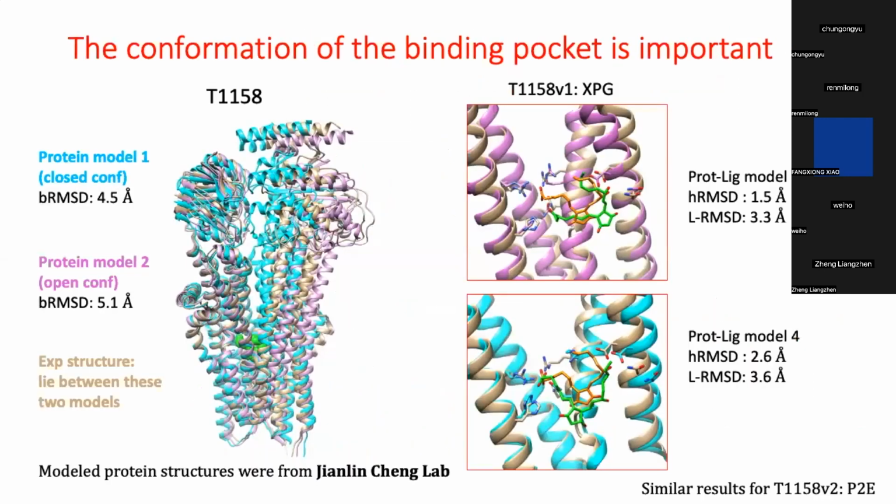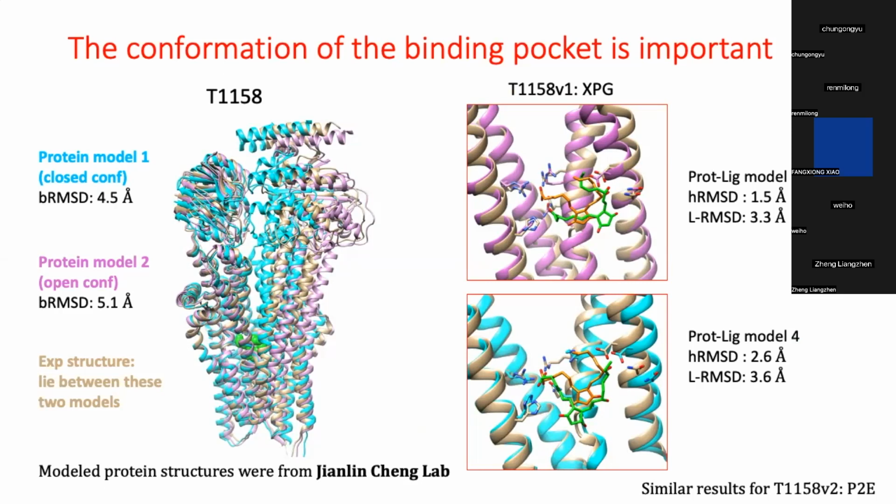Then the next question is how important the conformation of the binding pocket is. For protein ligand docking, the overall protein conformation is not that important, but the conformation of the binding pocket is very important. So this case, target 1158, is a membrane protein.